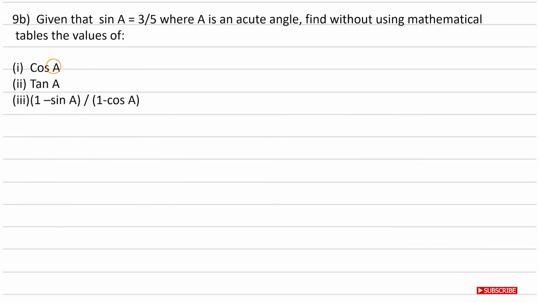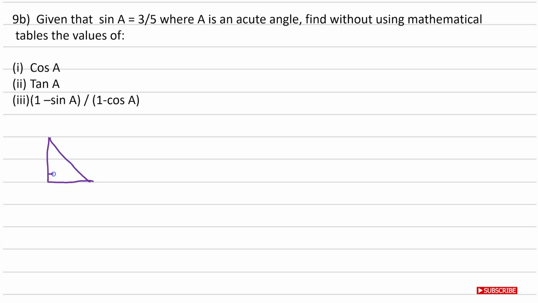Right, for 9b we're told sine A is equal to 3 over 5, where A is an acute angle. Find, without using mathematical tables, the value of cos A, tan A, and so on. So let's start with writing this down. If A is an acute angle, we could draw our right angle triangle there.